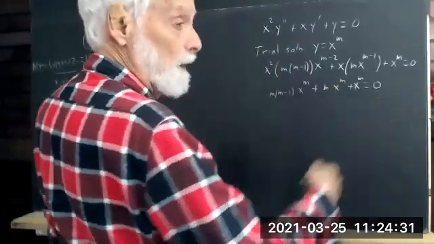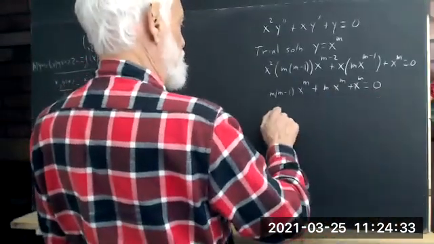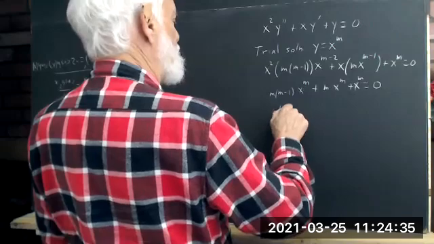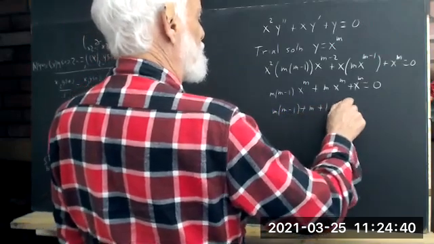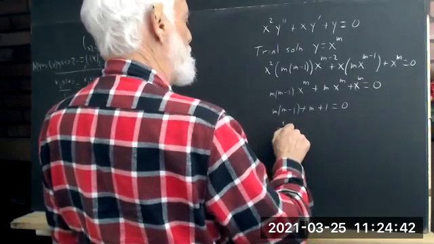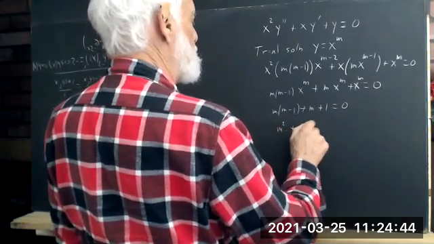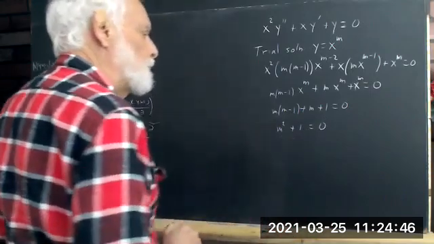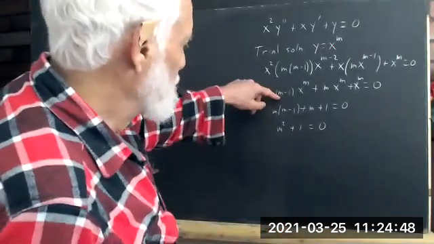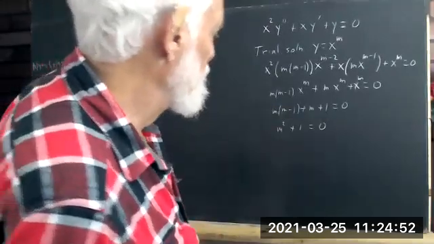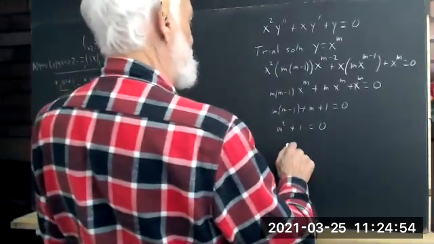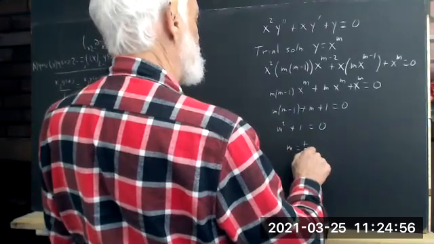Factor out the x to the m or divide it through. You have then m times m minus 1 plus m plus 1 equals 0, which is m squared plus 1 equals 0. You're going to get an m squared here. You're going to get a minus m. And plus m takes care of it. So you get m equals plus or minus i.